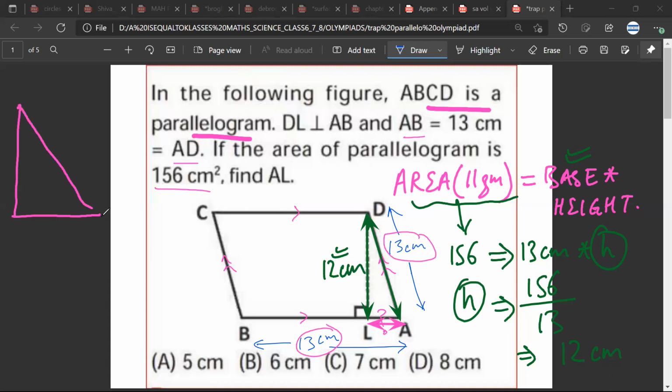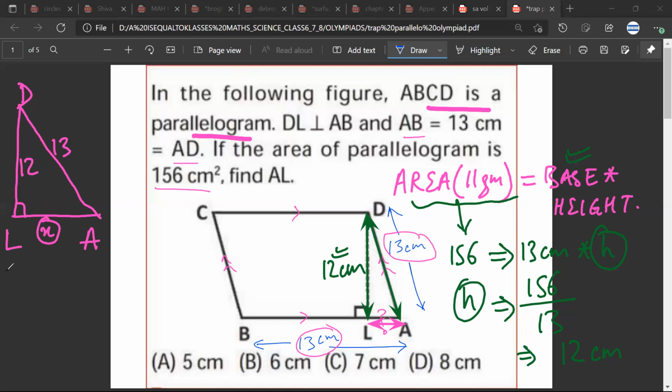So we have to use Pythagoras theorem. Shabash. Very nice. Mr. Satya, any doubt? No doubt, sir. Okay, let me call LA to be X. So Mr. Sarthak, what will be the Pythagoras theorem?